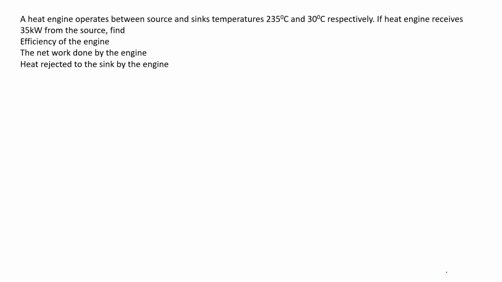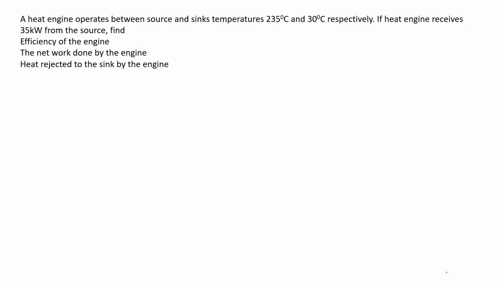Now we will go for the last problem for today's session. A heat engine operates between source and sink temperatures of 35 degrees Celsius and 30 degrees Celsius respectively. If the heat engine receives 35 kilowatts from the source, find the efficiency, the net work done by the engine, and the heat rejected to the sink.